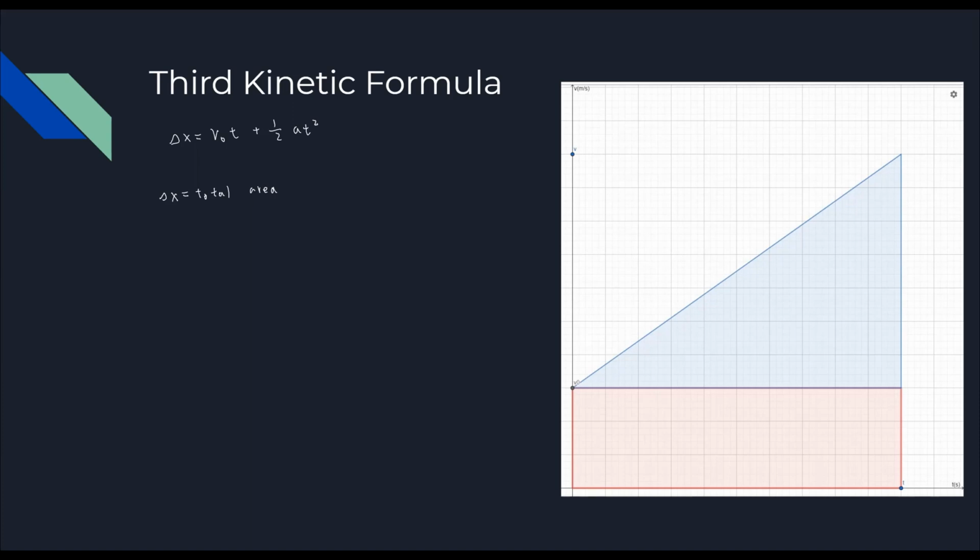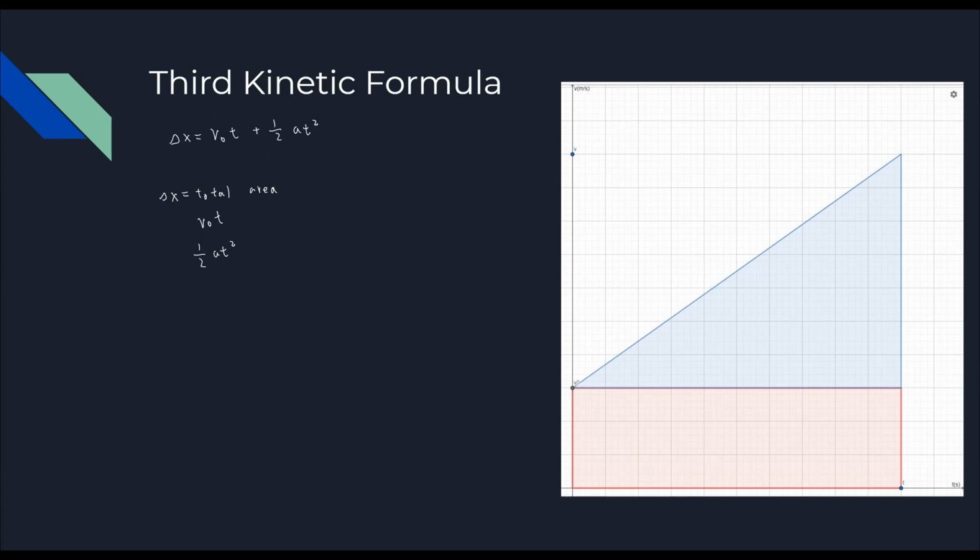From the previous derivation, we know that the rectangle is v0 times t, or initial velocity times time, and we also know that the triangle is going to be half of acceleration times time squared. So this is basically it.